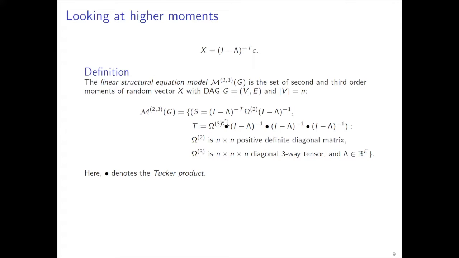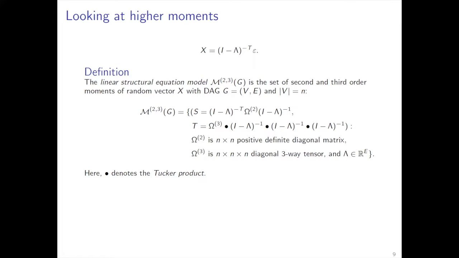Basically you take the third moment of epsilon and apply a linear transformation along all 3 of its sides. So it's an n by n by n tensor: you take a cube and multiply linearly with these matrices. And so your model now is basically all pairs S and T that have this factorization. And again, lambda here has to have a 0 pattern corresponding to the graph. So this is the model.